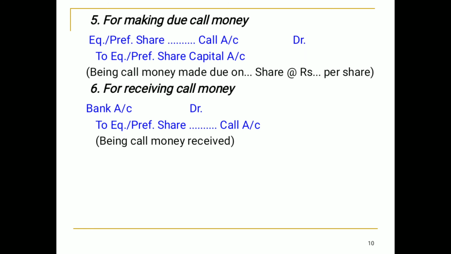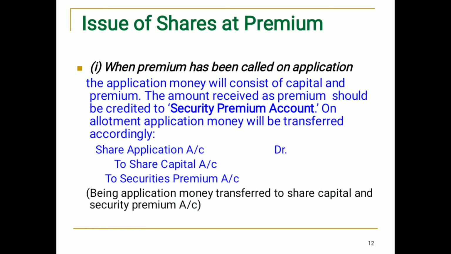On this basis, if you know these journal entries, then the second topic, issue of shares at premium, is not at all hard for you, because you already know the journal entries; you just have to make minor changes with the change in the topic.